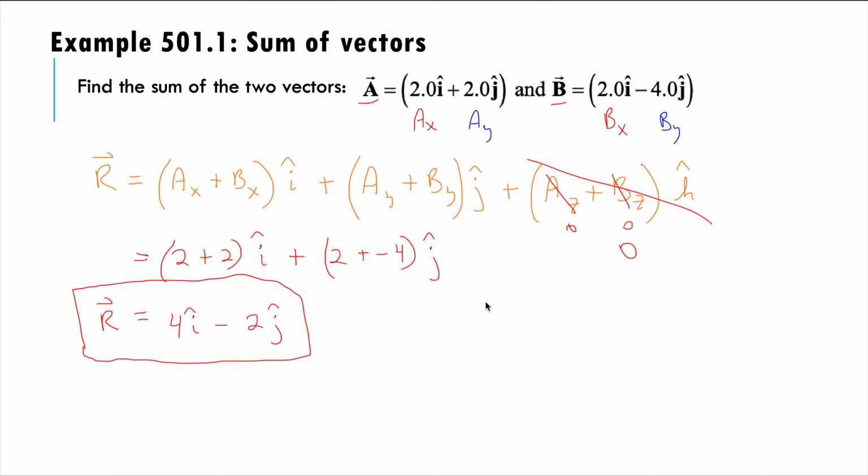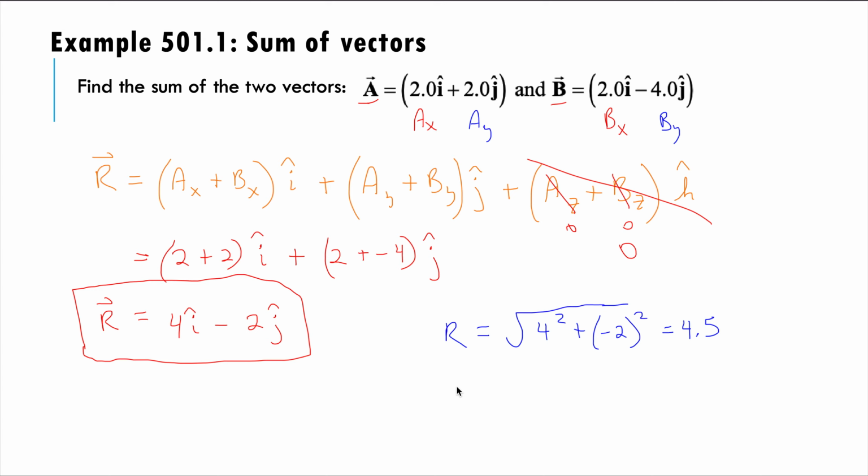If it does ask for the magnitude and direction, then all we're going to do is use the Pythagorean theorem to find the magnitude, so rx squared, so the 4 squared, plus ry squared. And that will give us about 4.5 for the magnitude of this vector.